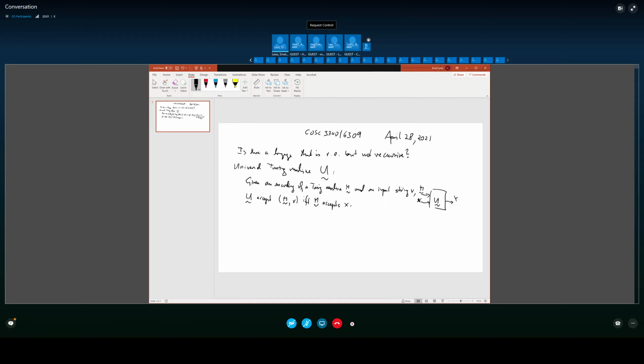In fact, it may just continue spinning its wheels if M does not accept X. So this is a little tricky.